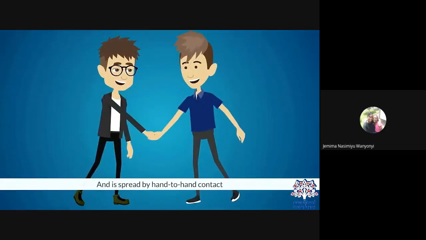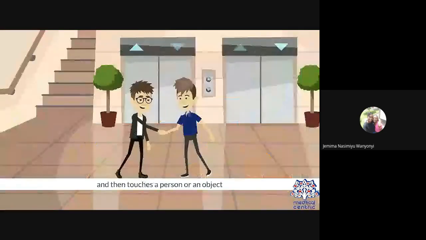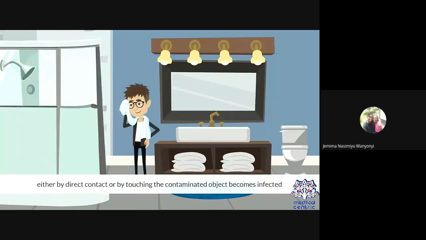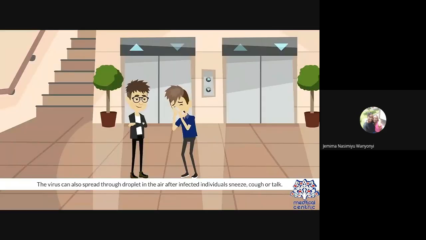This usually happens when an infected person blows or touches their nose and then touches a person or an object. A healthy individual who is exposed to this infected secretion, either by direct contact or by touching the contaminated object, becomes infected often after their contaminated hand touches their own eyes, nose, or mouth. The virus can also spread through droplets in the air after infected individuals sneeze, cough, or talk.